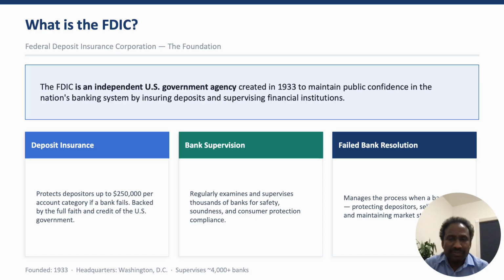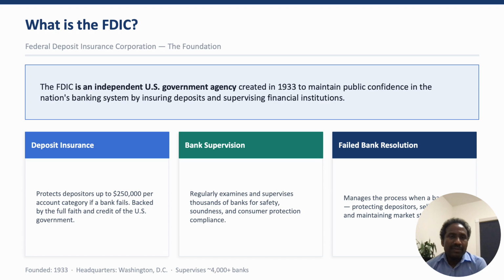Okay, and what is an FDIC? FDIC stands for Federal Deposit Insurance Corporation. This is a separate independent government agency, and the purpose of this one is that the federal government has to give confidence to the public: yes, you have money in your deposit account, and the government agency will pay the money back to the customer if the bank fails.